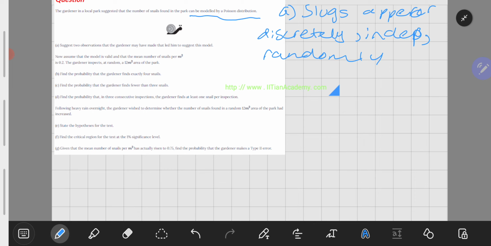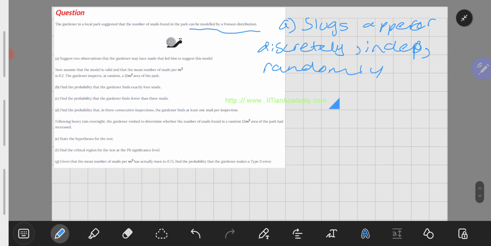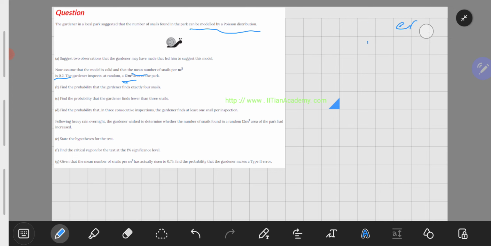Now for question B, it says find the probability that the gardener finds exactly 4 snails in his 12-meter garden, and we know that the mean is equal to 0.2 snails per meter squared. So question B is the probability that he finds 4 snails, P of X equal to 4.